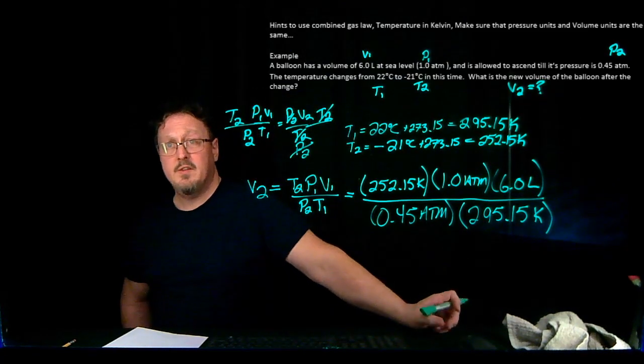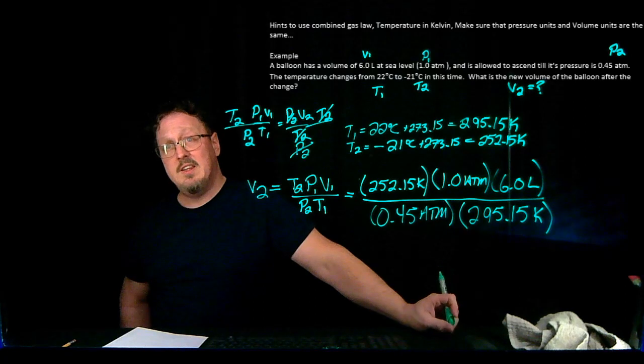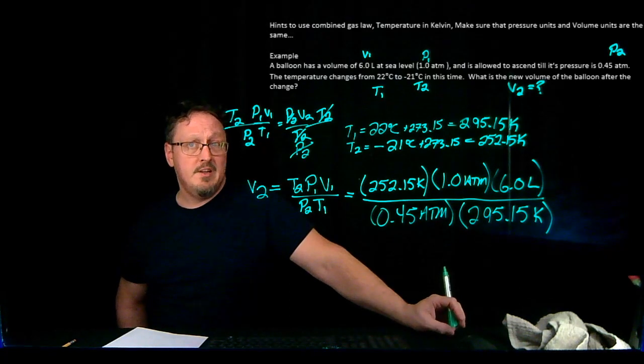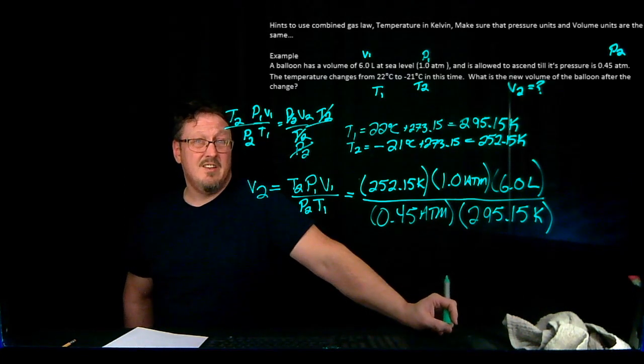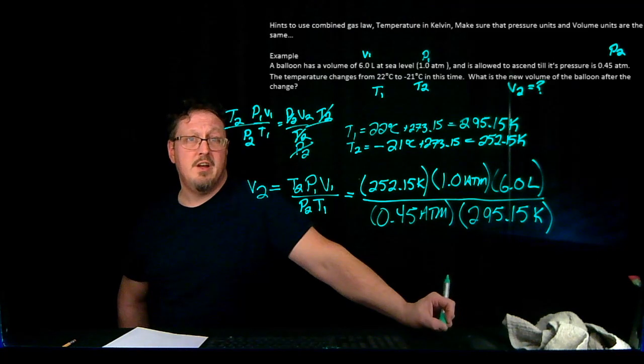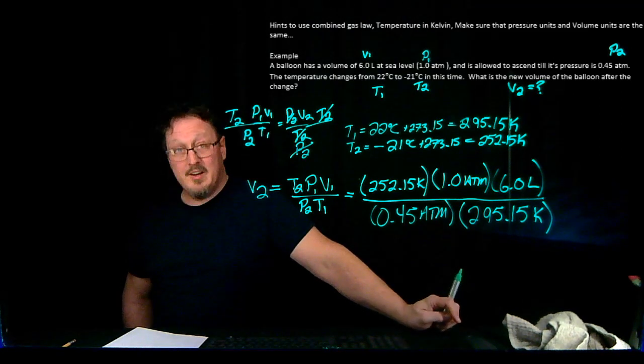Okay, now let's think about this with our big brains for a second. This is a balloon at sea level being released and being allowed to go way up into the atmosphere. What do we think is going to happen to the volume? Do we think it's going to get bigger, or do we think it's going to shrink? Can we predict what's going to happen?